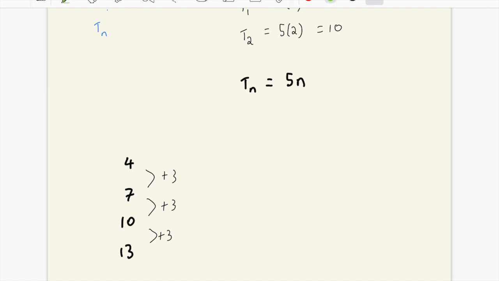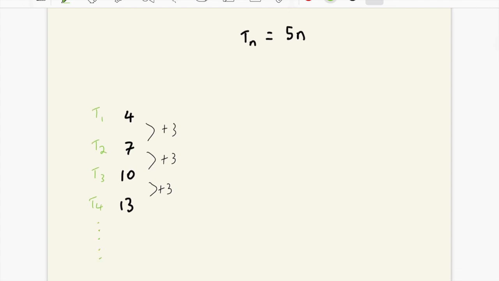So then labeling all of these terms again, our first term is 4, our second term is 7, third term is 10, and our fourth term is 13, and we want to find an equation for our nth term. So as before, we're going to start off letting the nth term be the first difference, which is 3, multiplied by n.